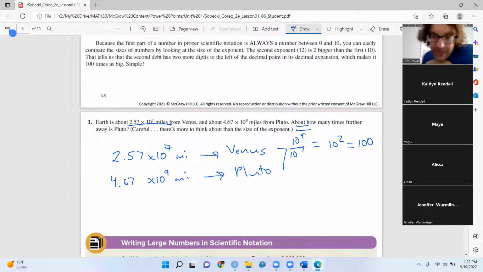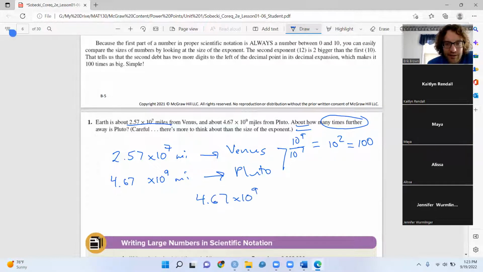Really, when you're thinking about how many times, you want to think about dividing. So to answer this exactly, we take 4.67 times 10 to the 9th and divide it by 2.57 times 10 to the 7th. This is exactly how many times further away Pluto is than Venus.